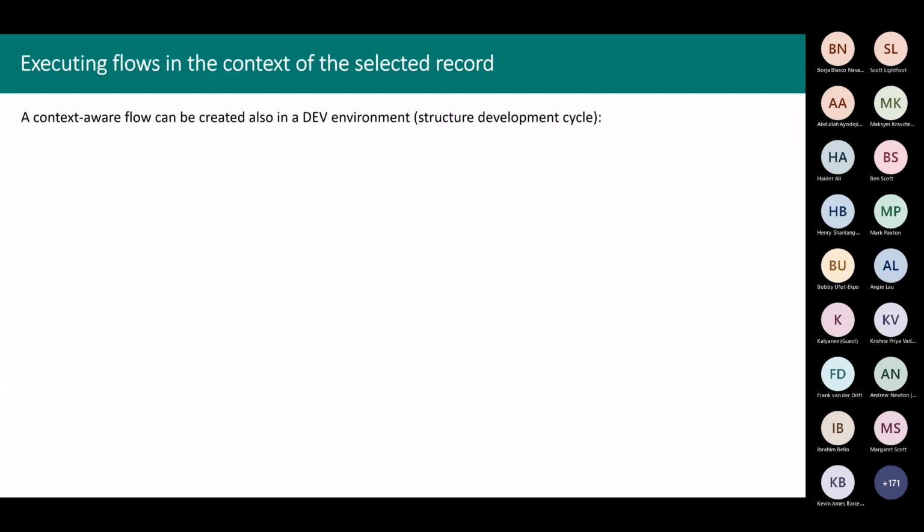Another important aspect that I think is not documented, but in my opinion is quite important, is that the possibility to execute flows in the context of the selected record is also available if you use standard methodologies that you can use in Power Automate.